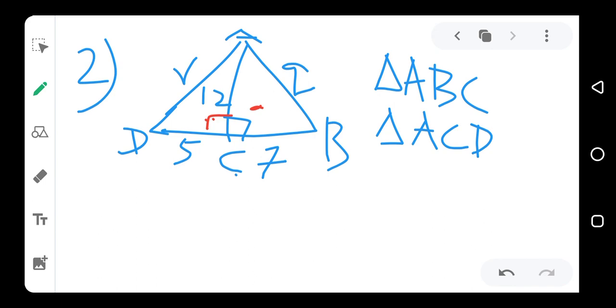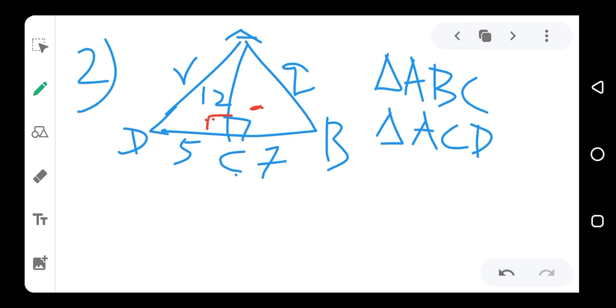Now for ABC, we know line BC as 7 and line AC as 12. For ACD, we know line AC as 12 and line CD as 5. So we can start from any one we like. But let's start from ABC.